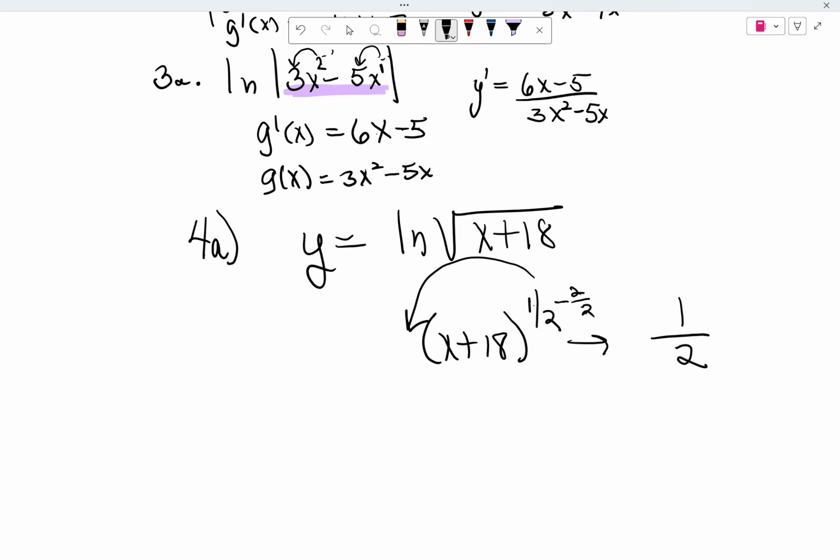So 1 minus 2 is minus 1/2. So I need to correct that. This becomes 1/2 times (x plus 18) to the negative 1/2, which becomes 1 over the square root of x plus 18.